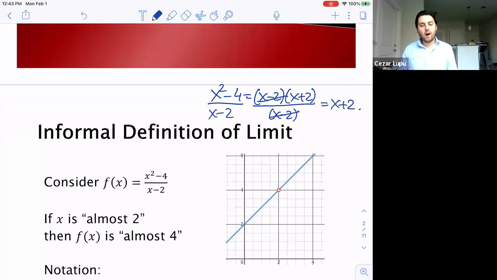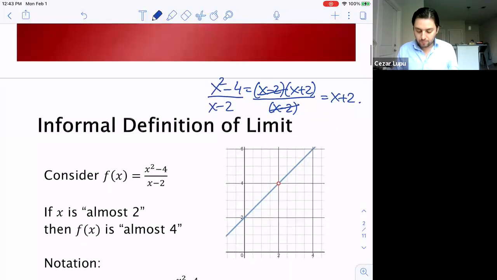right? So now if I'm asking you something like this, if x is almost 2, you see, when I say this word almost 2, when you see x is almost 2, so basically it approaches 2, but it's not quite equal to 2.